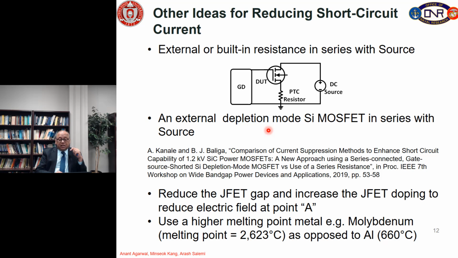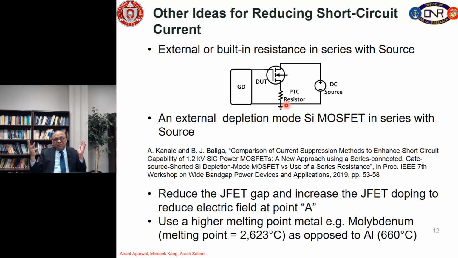So, basically it is like putting this resistance, but if you look at the MOSFET characteristics of a depletion mode MOSFET with drain connected to the gate, the IV characteristics look like this. They just saturate, which means at low currents and low voltages, it's a linear resistance, but at high voltages, that resistance becomes very high because the current saturates.